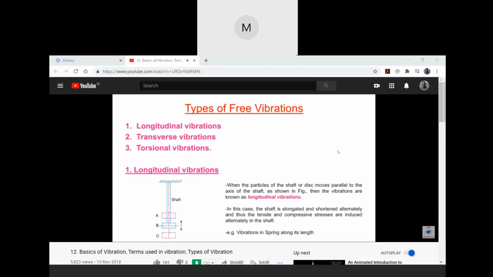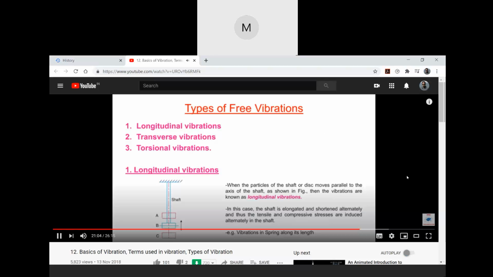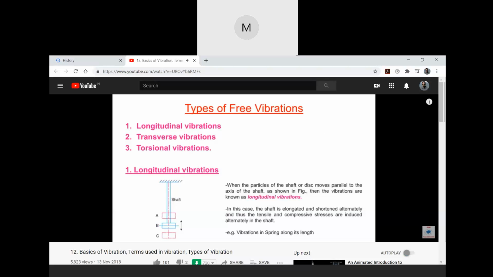Consider B as the initial equilibrium position of that disc. If we displace that disc from point B to point C and then release, the vibrations parallel to the axis of shaft are known as longitudinal vibration.